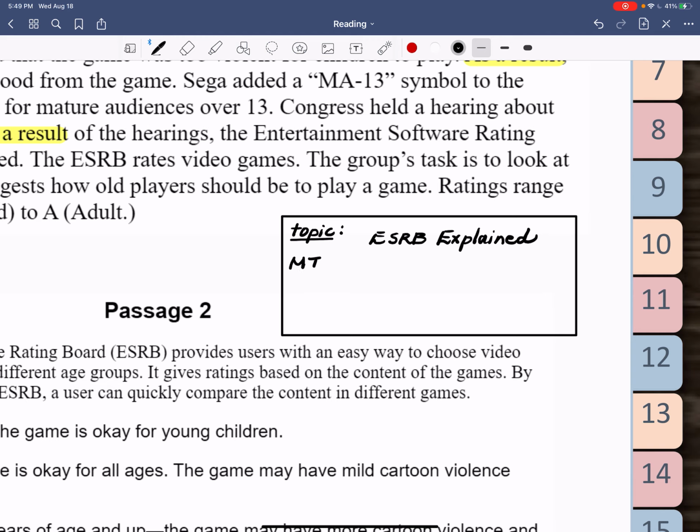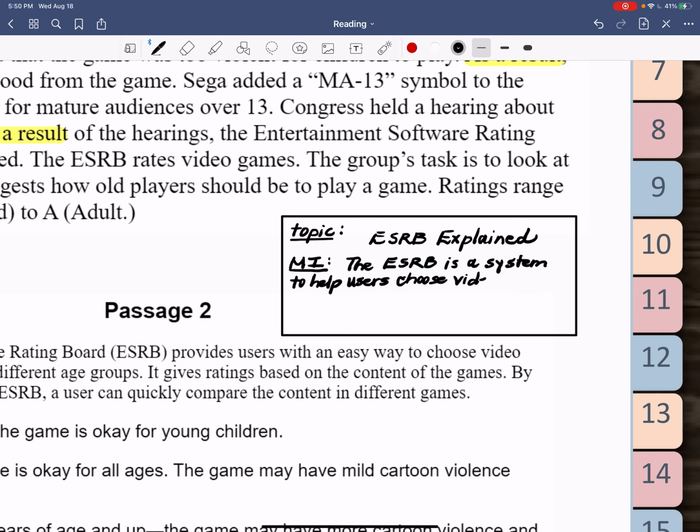The main idea here, the ESRB, and you can write all that long name out if you prefer, but the ESRB is a system to help users choose video games.